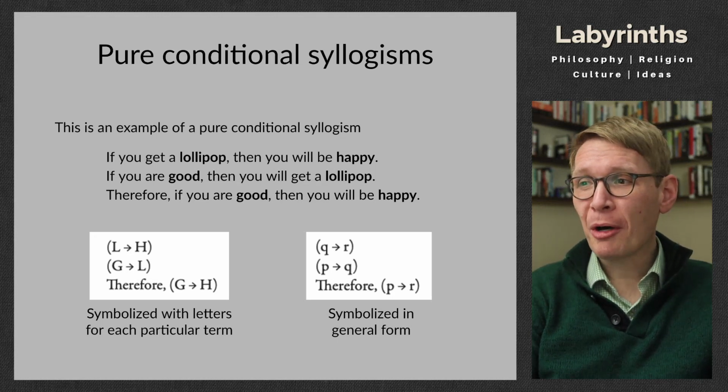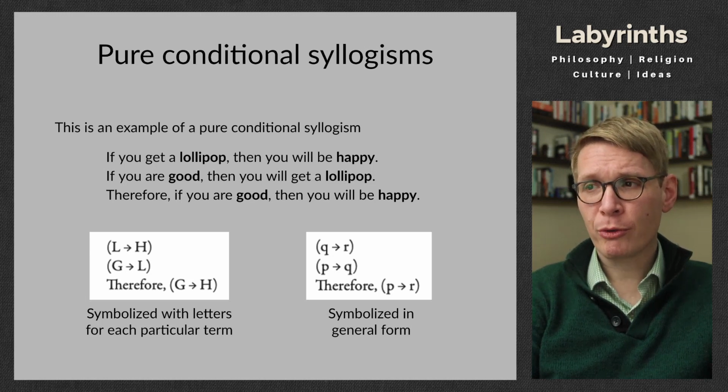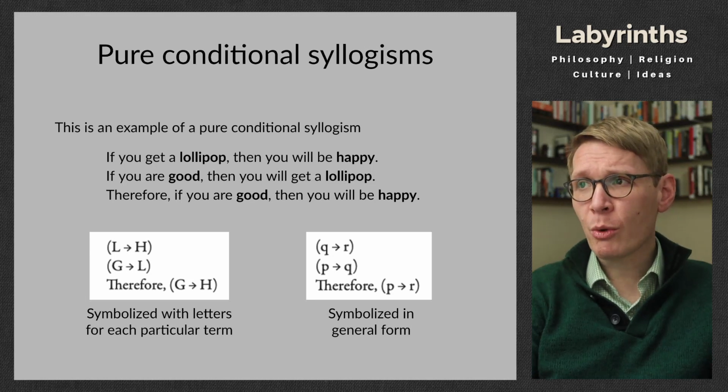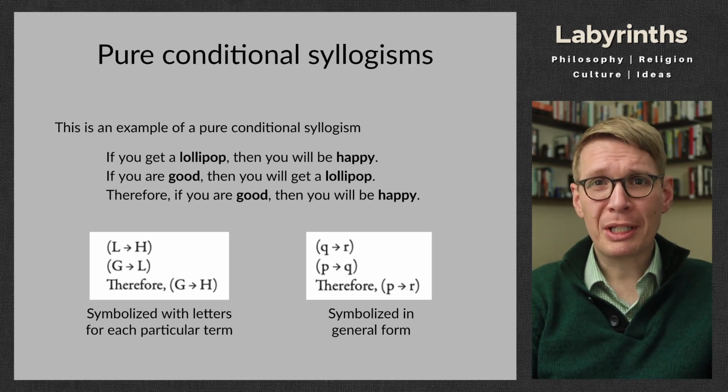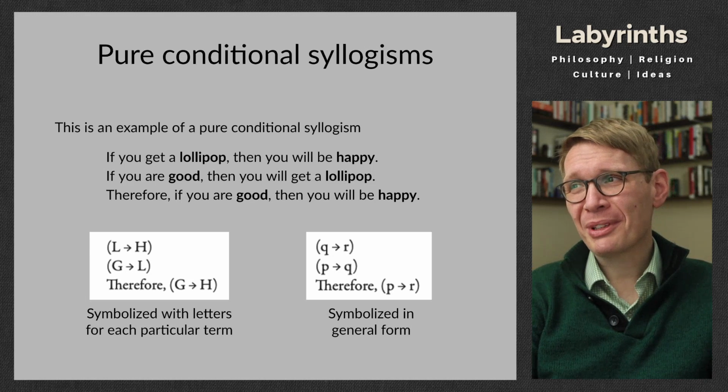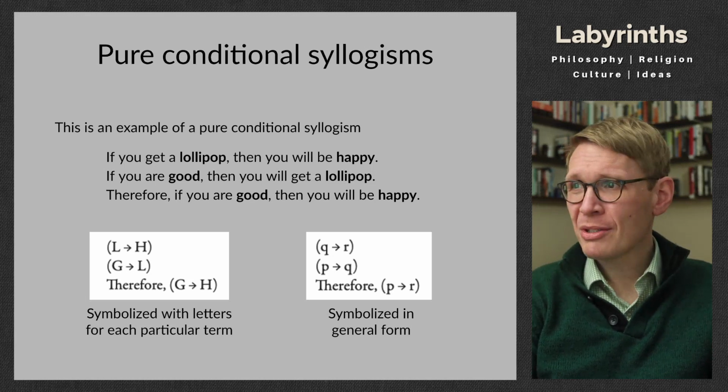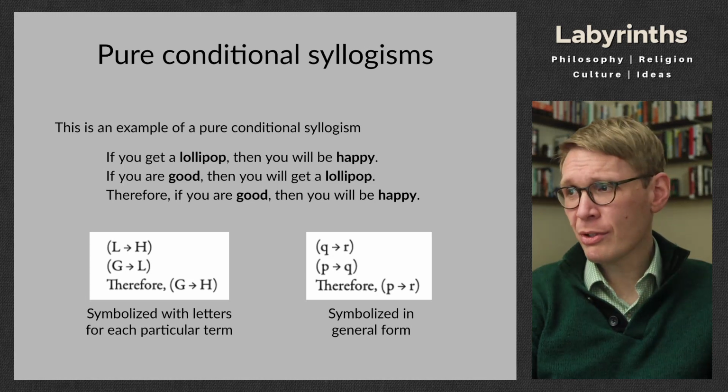Sounds nice. You can symbolize this in various ways. So Hauser proposes a first way here, using capital letters corresponding kind of willy-nilly to the first letters of the relevant terms. Here, if L, then H; if G, then L; therefore if G, then H. So this is a standard-looking kind of syllogism.